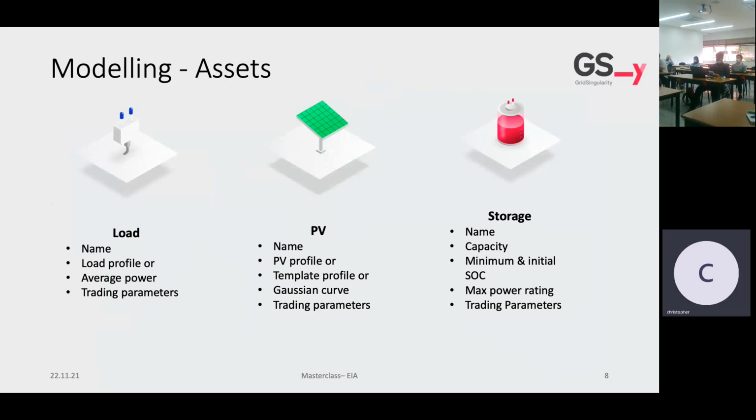The battery doesn't take any profile as input because it's completely unbundled and behaves depending on the market conditions. Depending on the price set on the market or the strategy set by the aggregators, the storage will charge or discharge. All of these assets have trading parameters that I will jump to later.